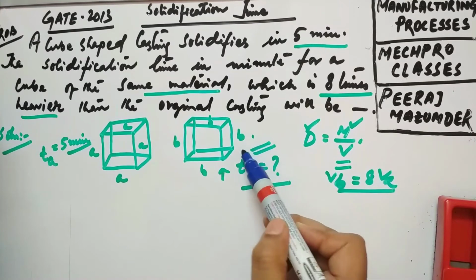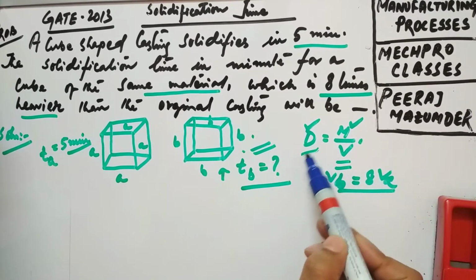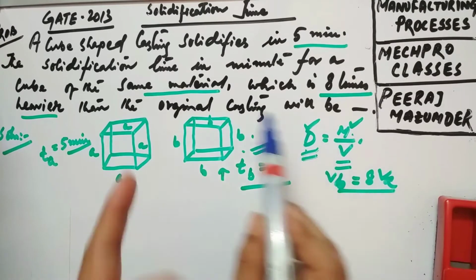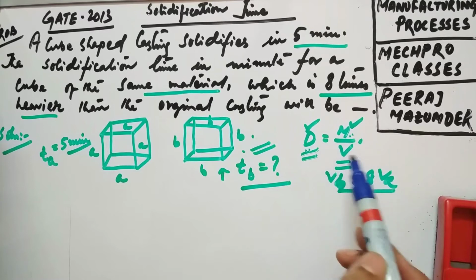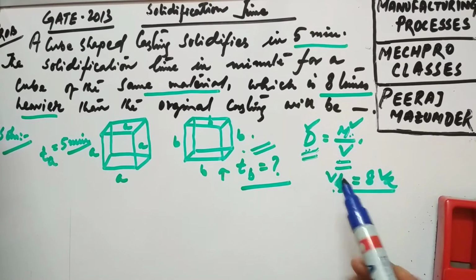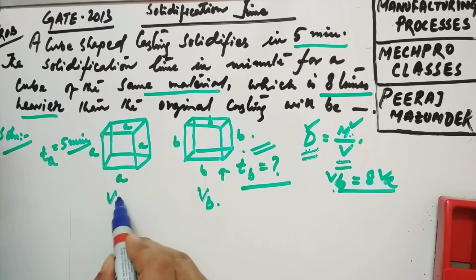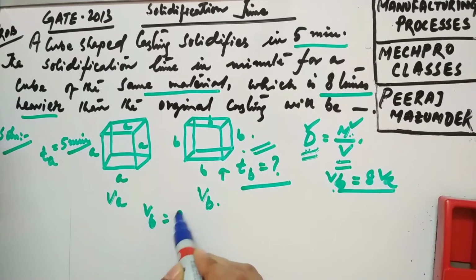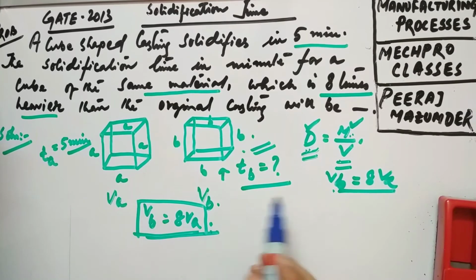So without knowing density or mass, because it is the same material, you can skip density and mass, and directly write that the volume of B should be 8 times the original casting. So you can directly write the relation VB equal to 8 VA.